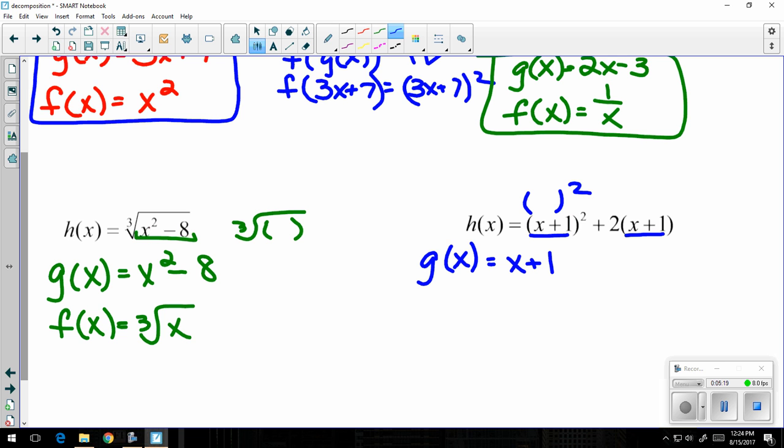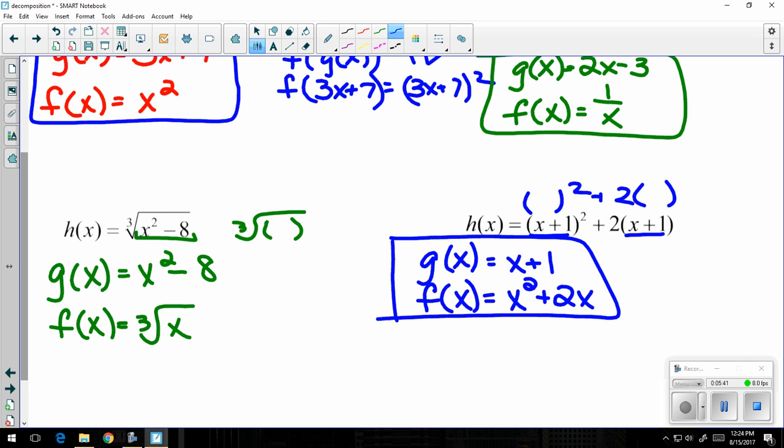Something squared, or parentheses squared, plus 2 times parentheses. So my outside function, f of x, is going to be x squared plus 2x. Wherever my g of x was, I was left with the parentheses. And then remember, it's a function, so my parentheses has to be a variable. So here is my decomposition.